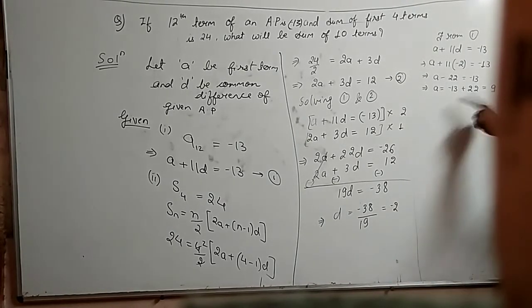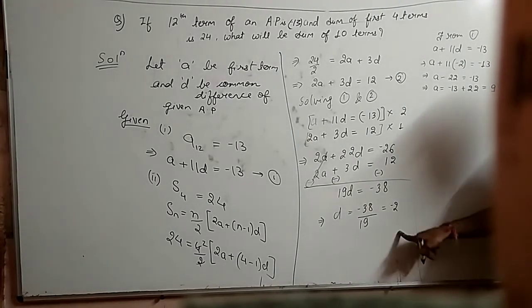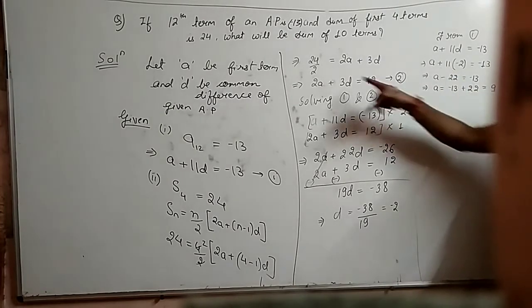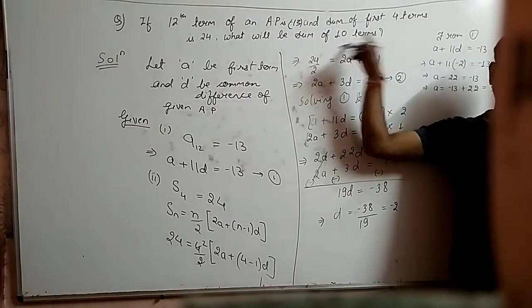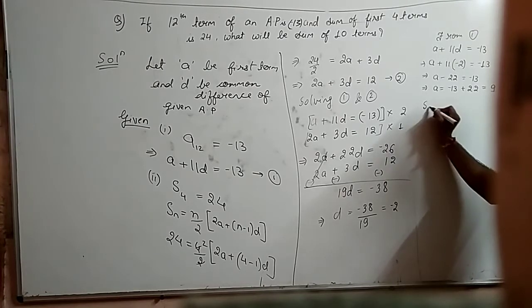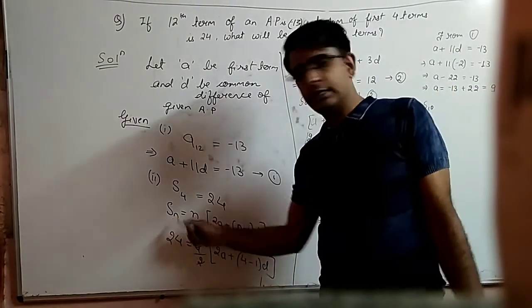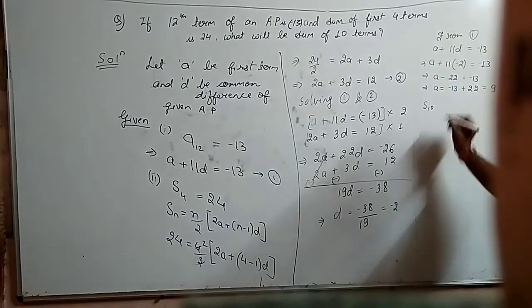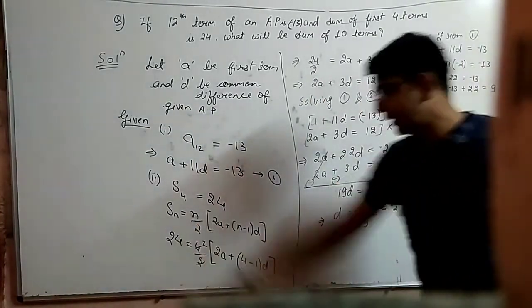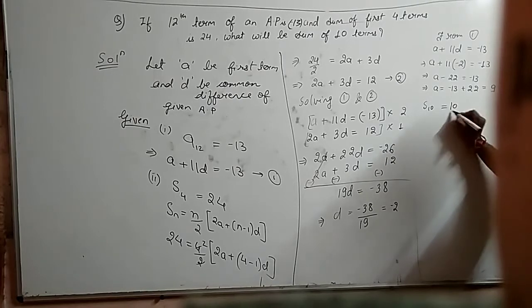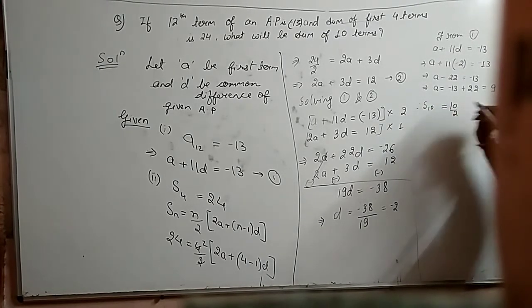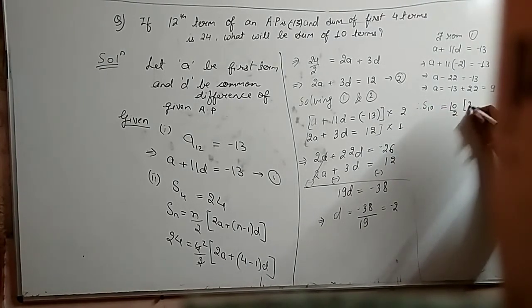So now I have the value of a, I have the value of d, and what I need to find is the sum of 10 terms, S10. Put it down in the formula, n by 2, that means 10 by 2, into 2a.